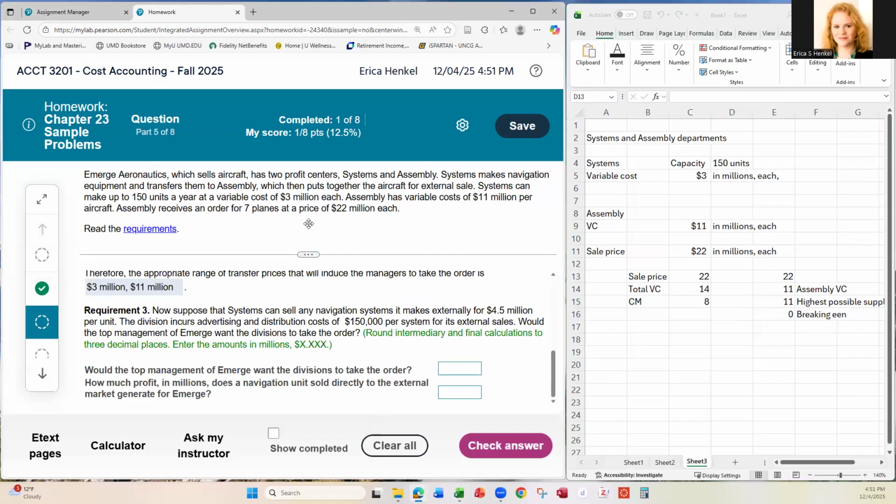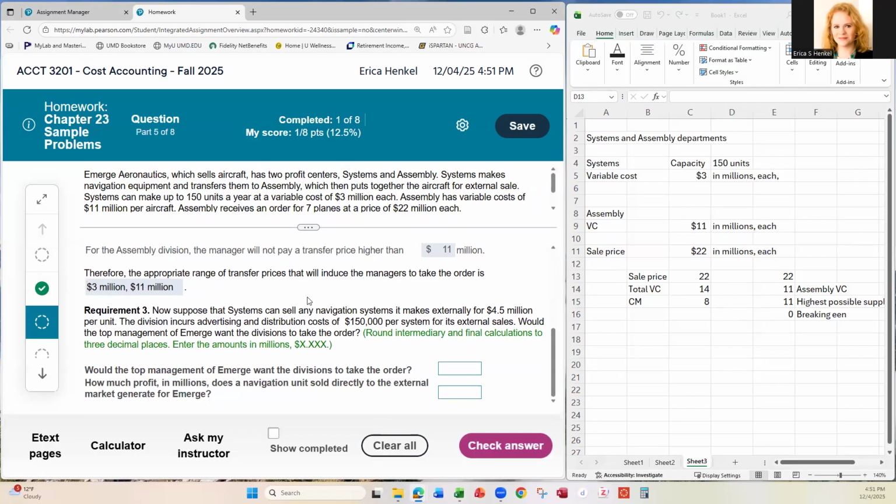Now suppose that Systems can sell any navigation systems it makes externally for $4.5 million per unit. It costs them 3 million and they can sell for 4.5 million, and we've got $150,000 per system for external sales. For the Systems department, we would sell it for 4.5, with a variable cost currently of 3.